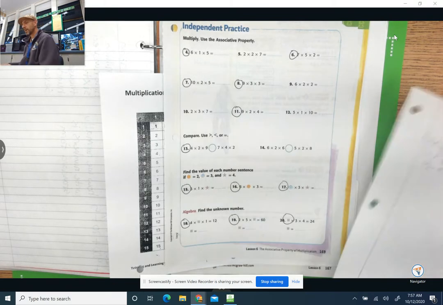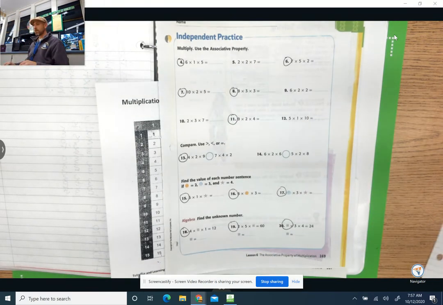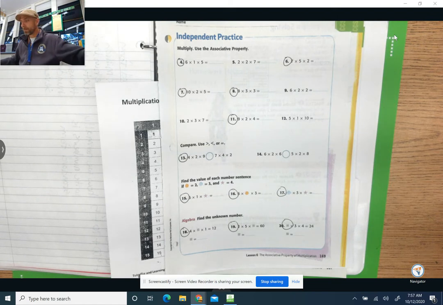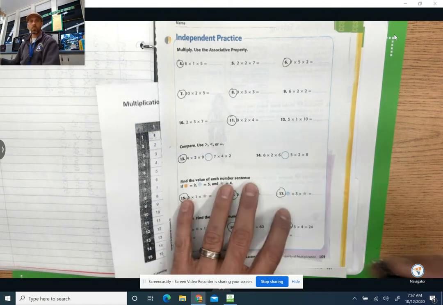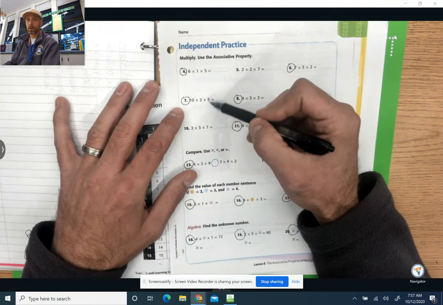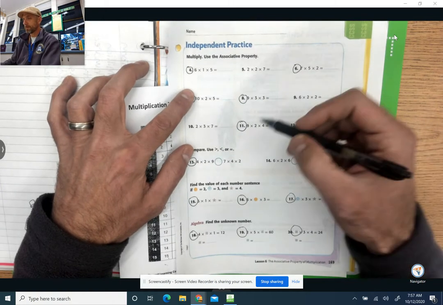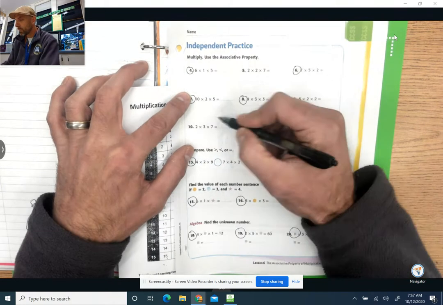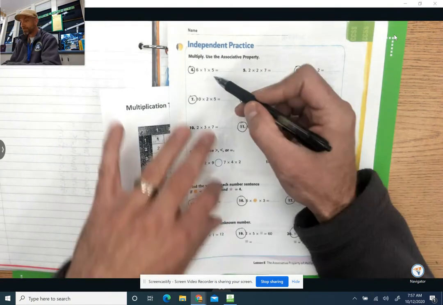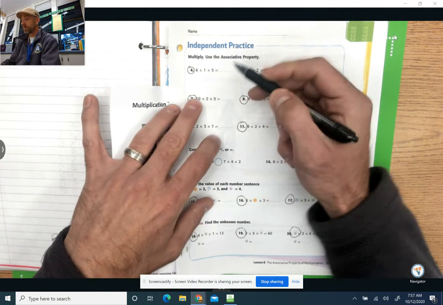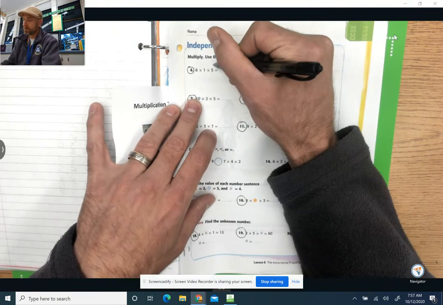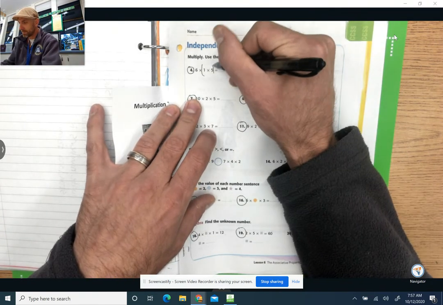Okay? All right, so let us look at number 4, and we can do our work right here on our worksheet. Okay, so we have to make a choice. Do we want to do 6 times 1 first, or do we want to do 5 times 1? I'll do 5 times 1.